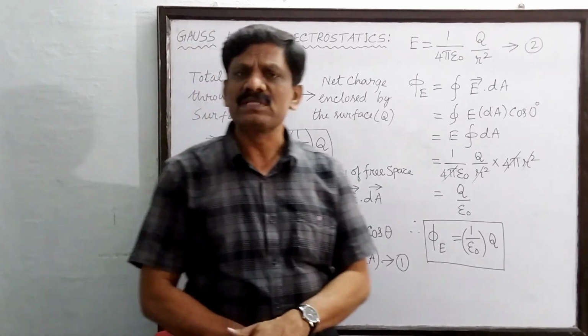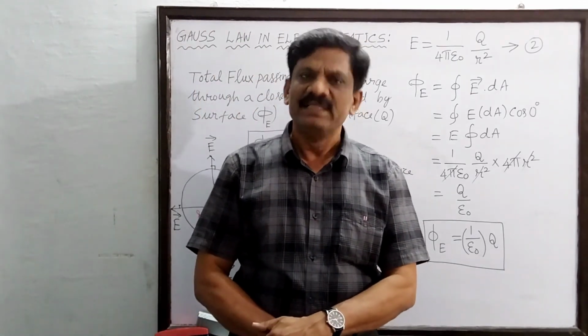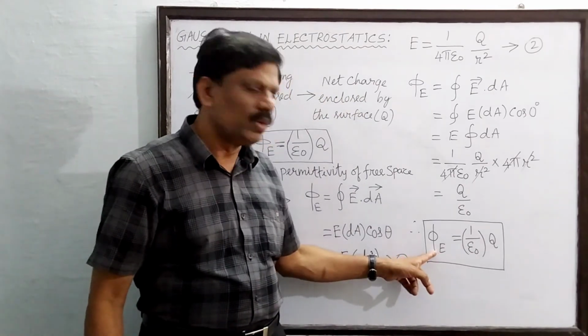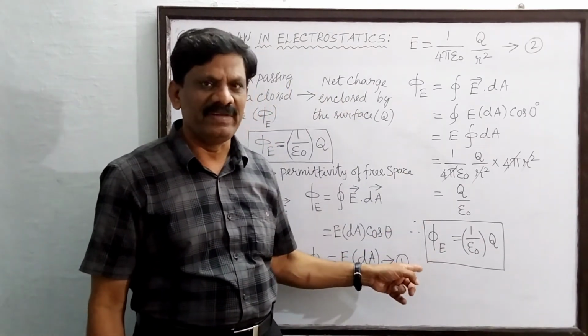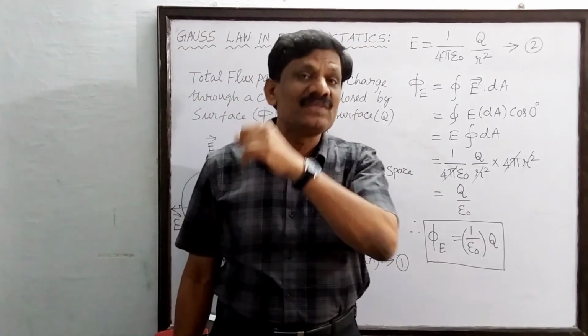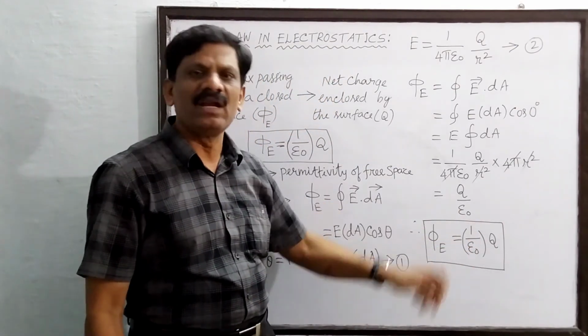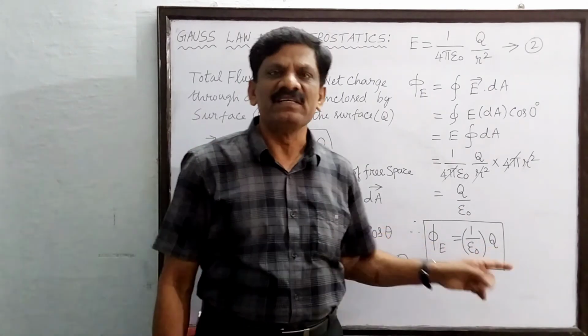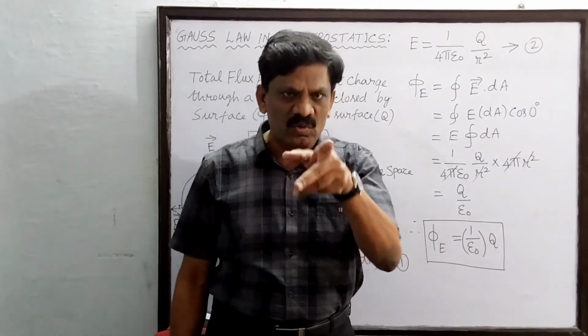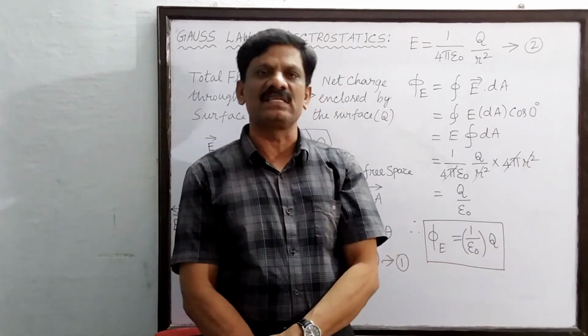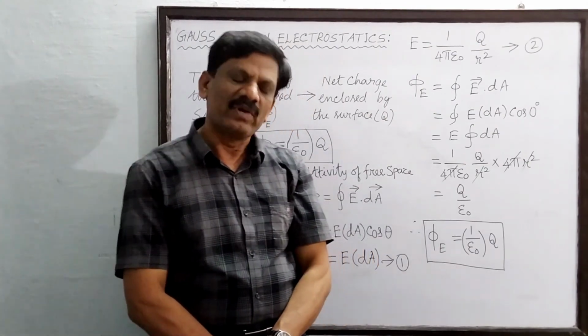So what is Gauss law in electrostatics? It states that the total flux of the electric field passing through a closed surface is equal to 1 by epsilon naught times the net charge enclosed within the given closed surface. Okay, students? Okay, fine. Thank you.